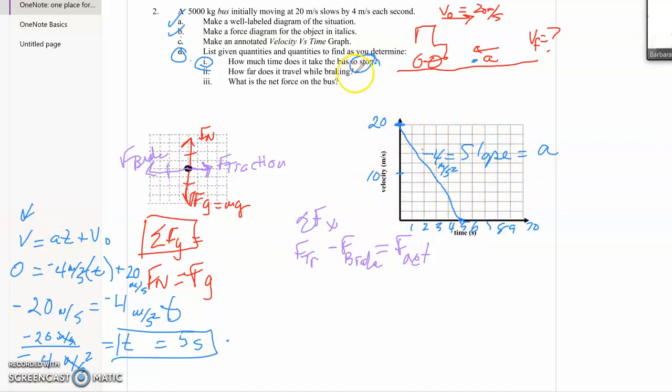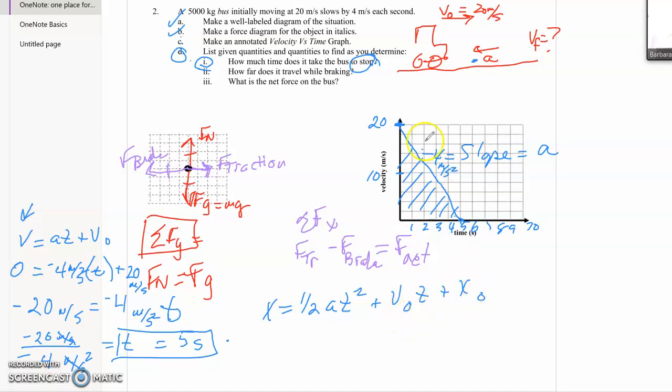Okay, so the next question is how far? How far is the area under this graph? I could certainly just do 1/2 base times height. Or let's see if there's another way I could do it. My go-to on how far is x equals 1/2 a t squared plus v naught t plus x naught.